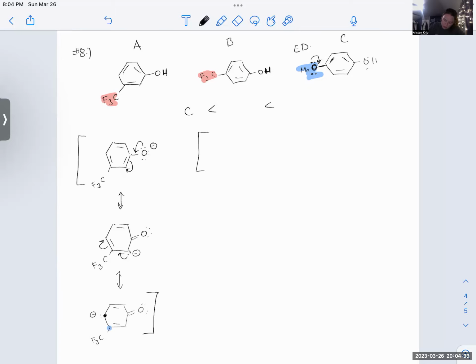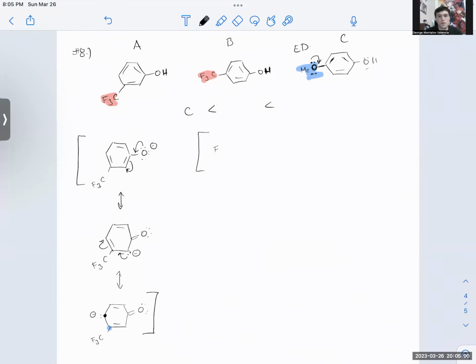So we can actually see without even drawing the next resonance structure, I mean, unless you needed to for the exam, that B would actually be more resonance stable because the electrons would be going directly onto that withdrawing group because it has the 3 fluorines.